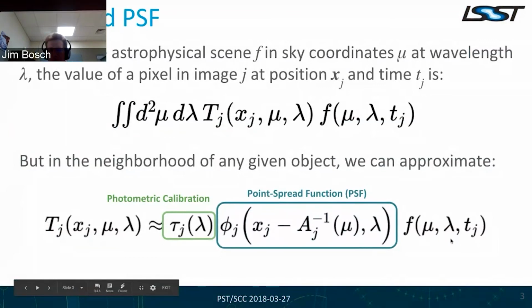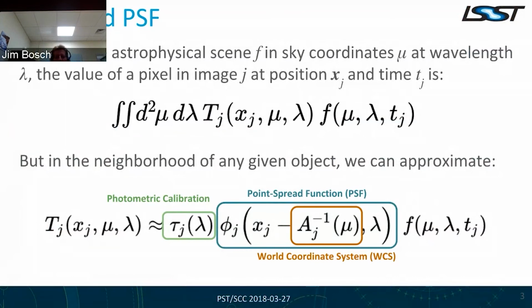Oops, I realized I left in the true scene term over here, even though it's not part of T. Sorry about that. And then this A term, which is what I'm calling the world coordinate system, the WCS. And that's just a transform from the sky coordinates to the pixel coordinates. And in this case, I'm defining it so that the transform is from pixel coordinates to sky coordinates. So obviously, if we go from sky coordinates down to pixel coordinates, that's the inverse of that transform.